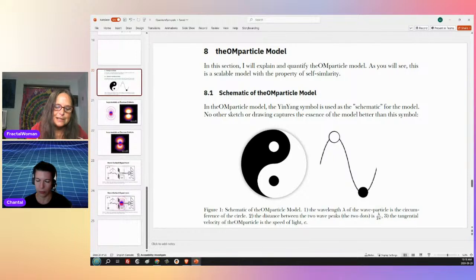So let's just say that in the fractal paradigm, they have the property of self-similarity. So you've got the large scale wave. In the fractal paradigm, we talk about scales, right? You have the large scale, which is the electron, and then you have the medium scale, which is the proton.